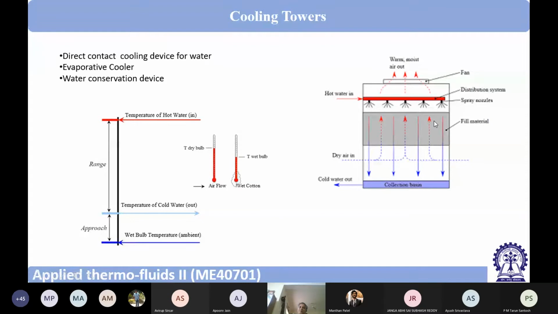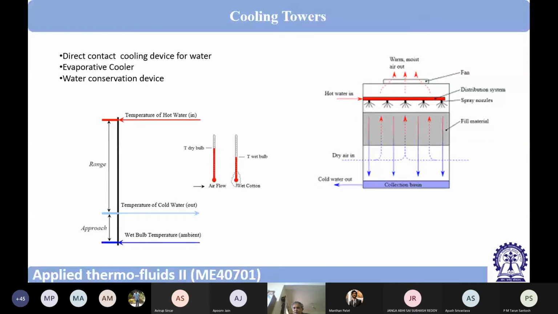Okay. Actually, evaporation is a phase transfer from liquid to vapor, but this is a mass transfer process. How is the mass transfer taking place?